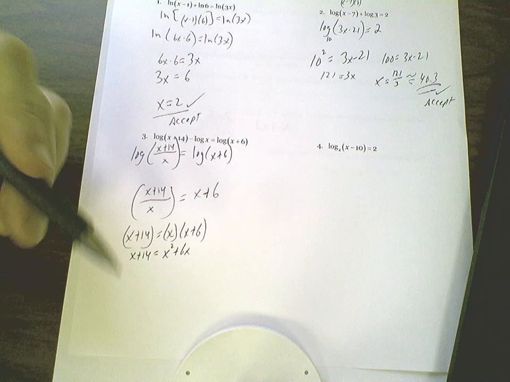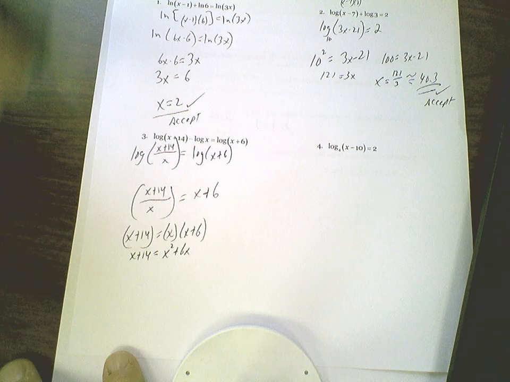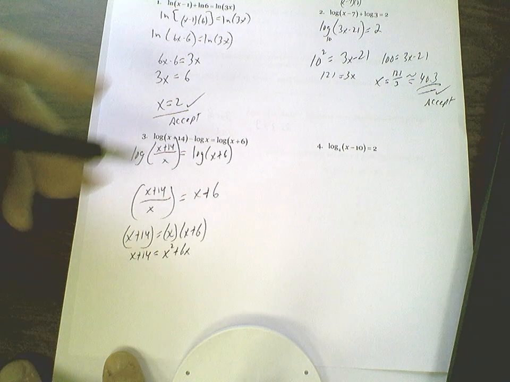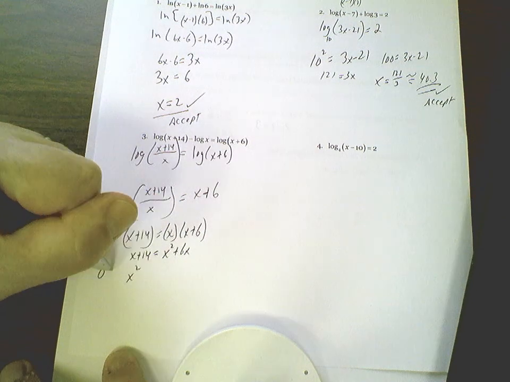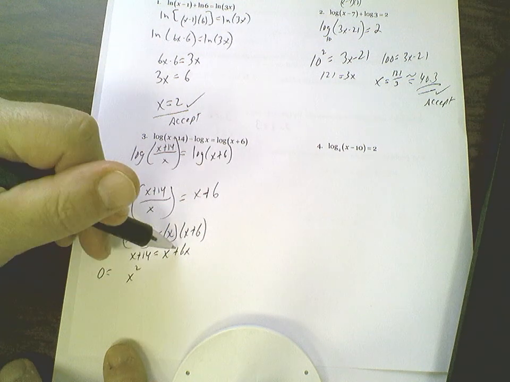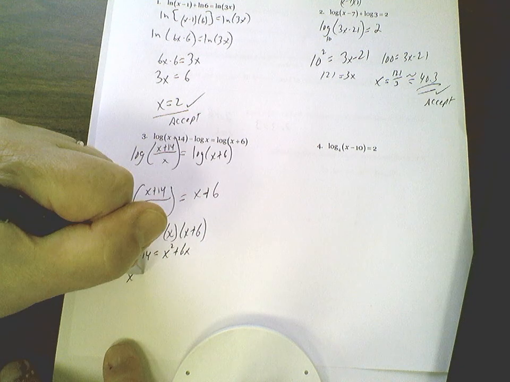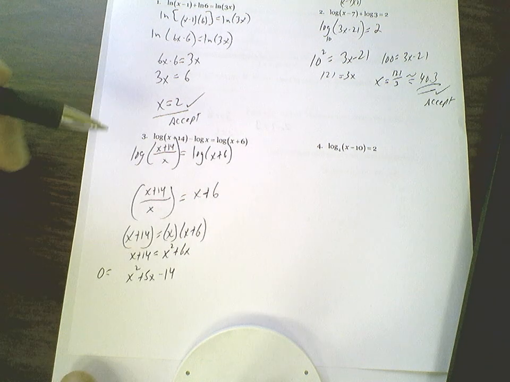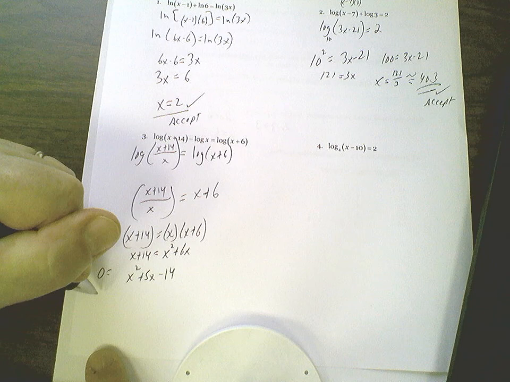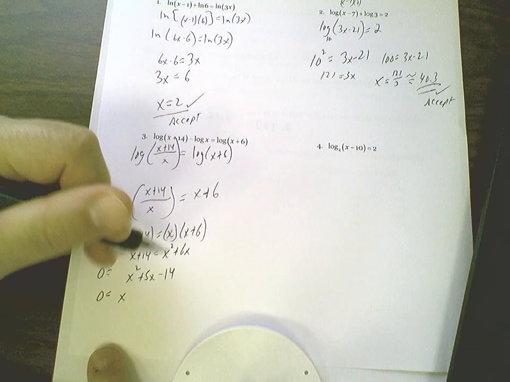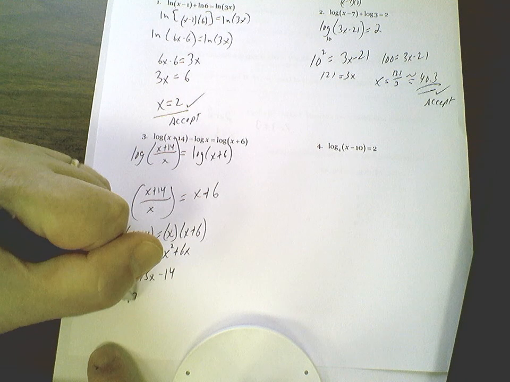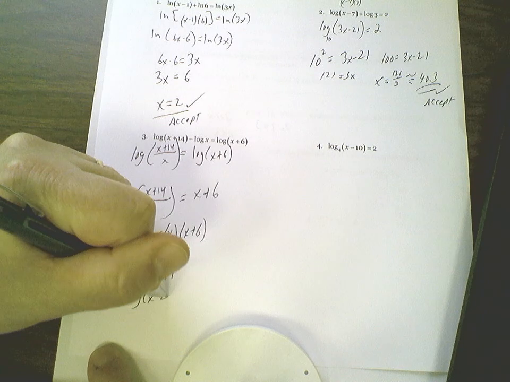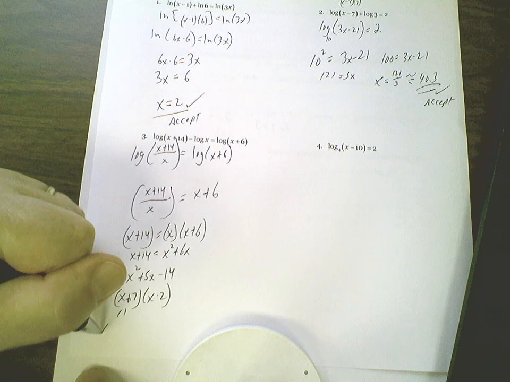I'm going to bring everything over to one side. 0 equals x squared plus 6x minus x, plus 5x minus 14. Next, what do I do? Factor. 0 equals, well, x squared plus 5x minus 14 factors as x plus 7, x minus 2, offering solutions at x equals negative 7 and x equals 2.